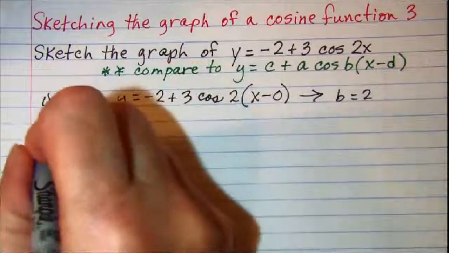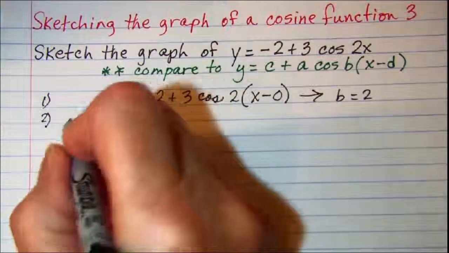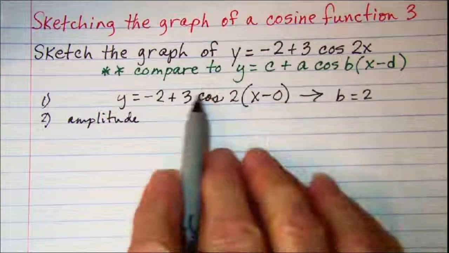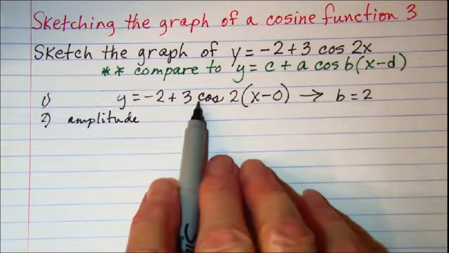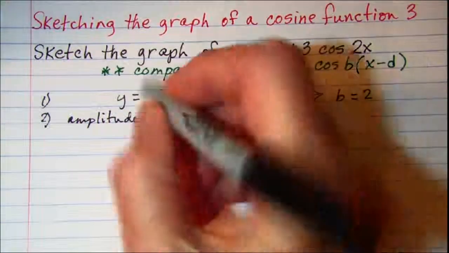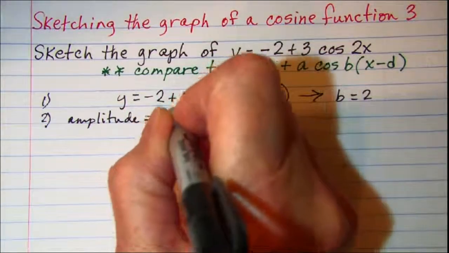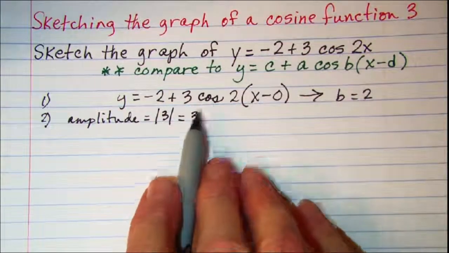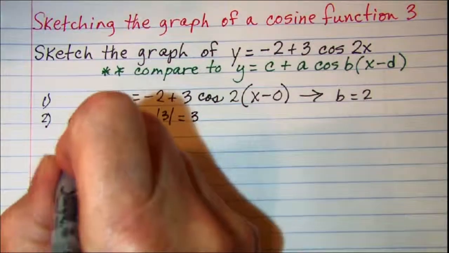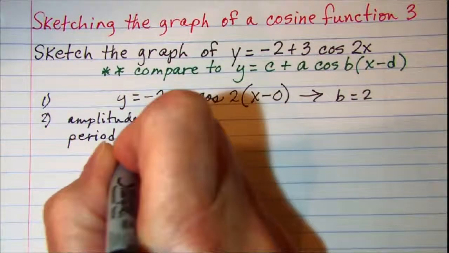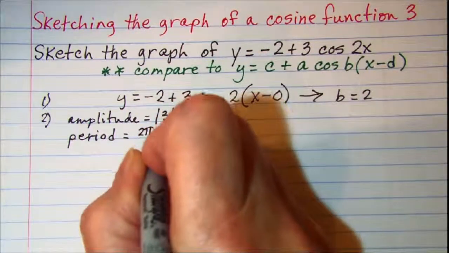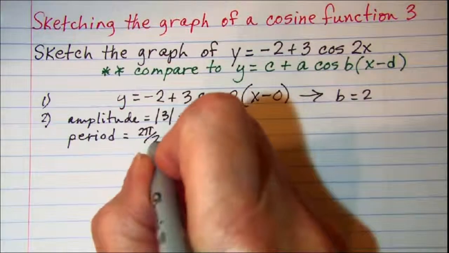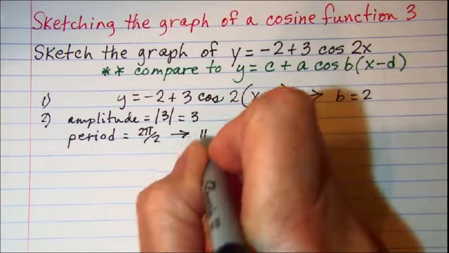That was step 1. Step 2, I want to find the amplitude, and that is the coefficient of my cosine. So my amplitude is the absolute value of 3, which is 3, and it's a positive cosine curve. Then I need the period. We find the period with 2 pi over b, and I found that b was 2, so my period is just pi.